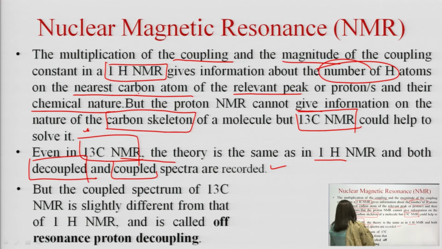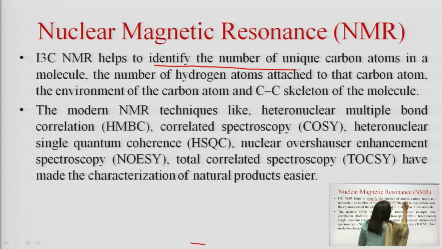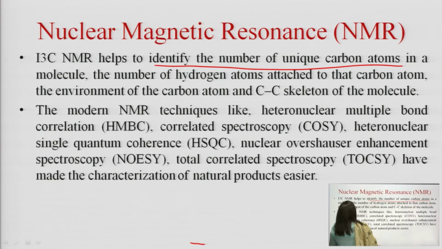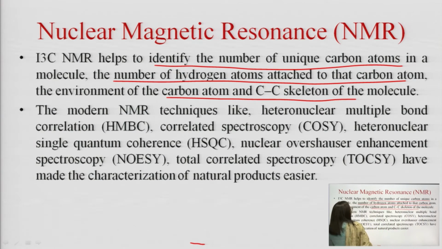But the coupled spectrum of 13C NMR is slightly different from that of proton NMR and is called off-resonance proton decoupling. 13C NMR helps to identify the number of unique carbon atoms in a molecule, the number of hydrogen atoms attached to the carbon atom, the environment of the carbon atom, and the C-C skeleton of the molecule.